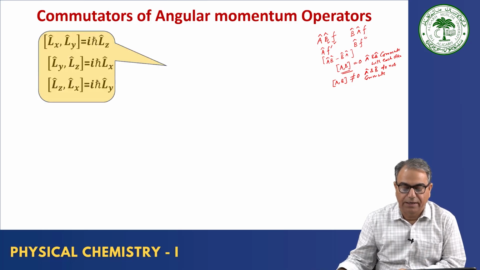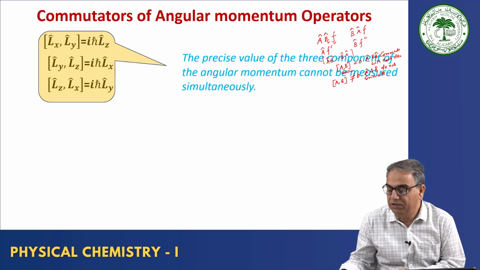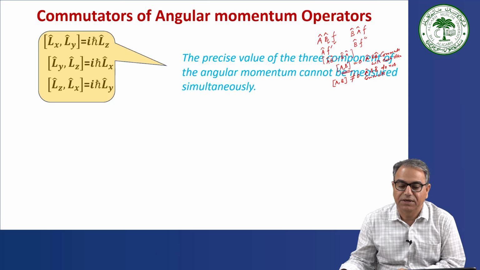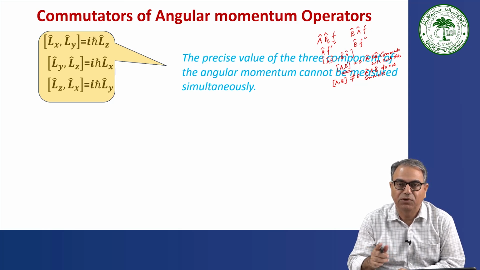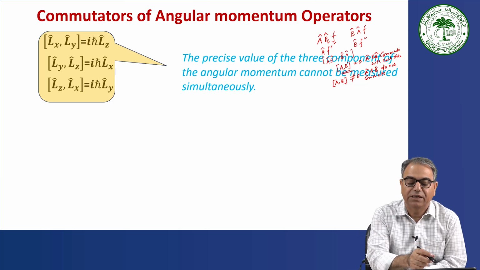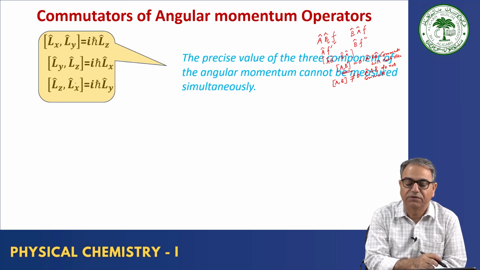As it was written there, the precise value of the three components of the angular momentum cannot be measured simultaneously. The significance of this commutator relationship is that any two operators, if they do not commute with each other, cannot be determined precisely and simultaneously, and the variables corresponding to these operators are called conjugate variables. So Lx and Ly, Ly and Lz, and Lz and Lx are conjugate variables.